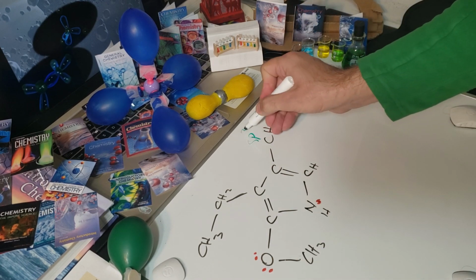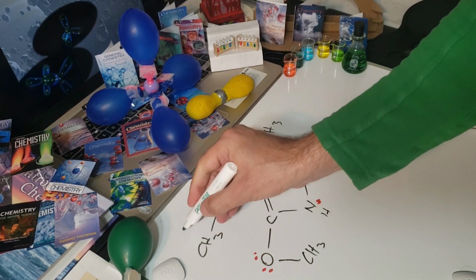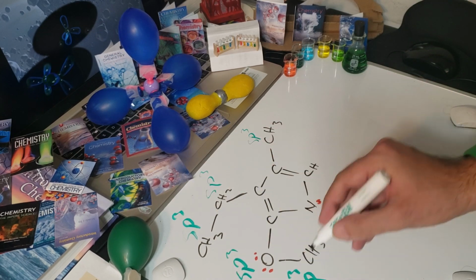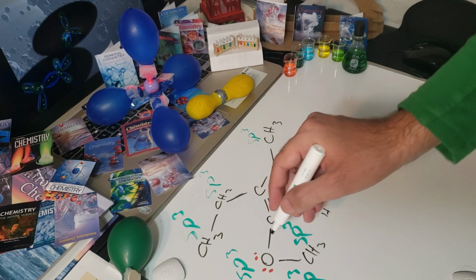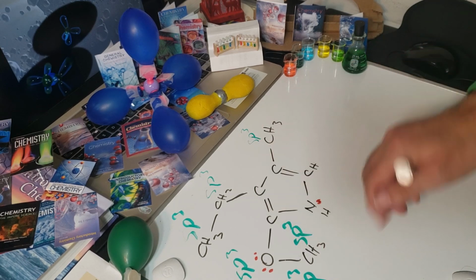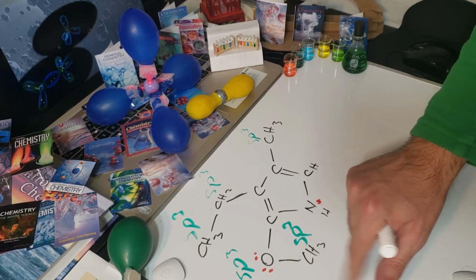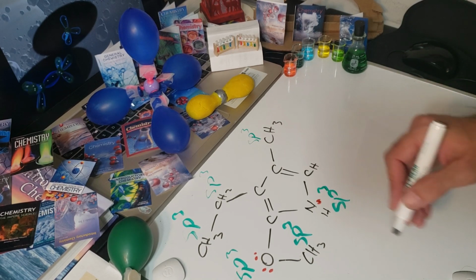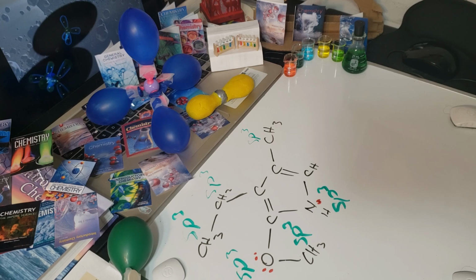So sp3, sp3, sp3, sp3, sp3, oh, sp3, this sp3 here, you could see that, maybe not this one, so I just put sp3 on the other side. And then also sp3. We could just check to see if we have not missed anyone.